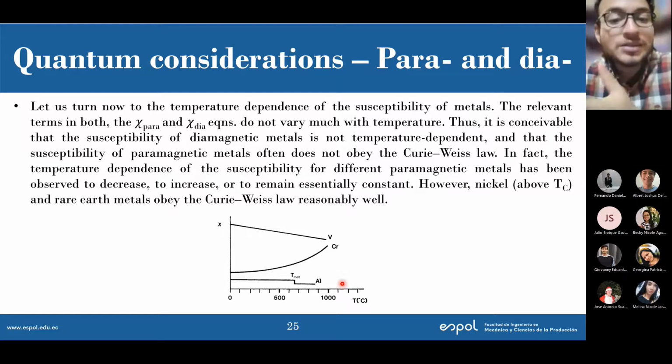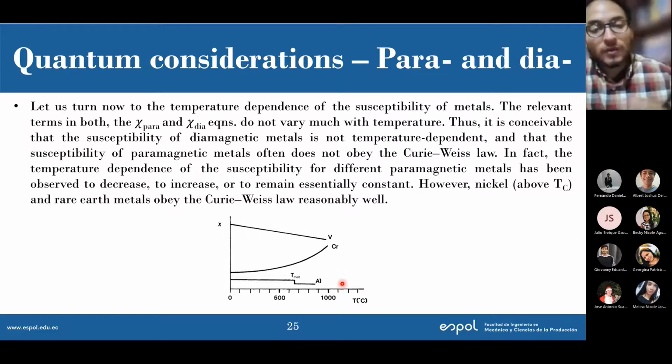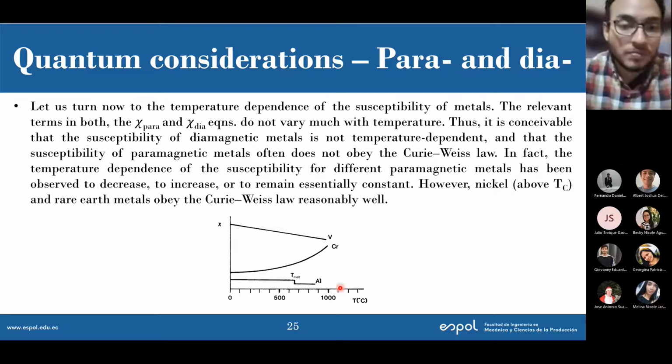So metals in general do not obey these laws of susceptibility depending on temperature, and that's why they also do not obey the Curie-Weiss law like other paramagnetic materials do. There's only one exception: nickel above the Curie temperature, and some rare earth metals too.